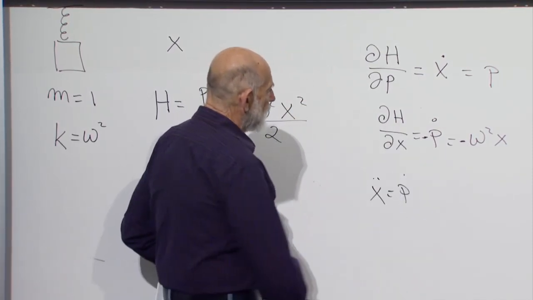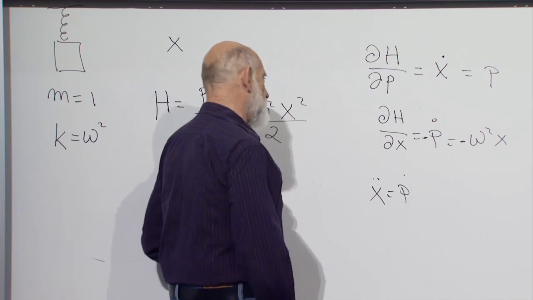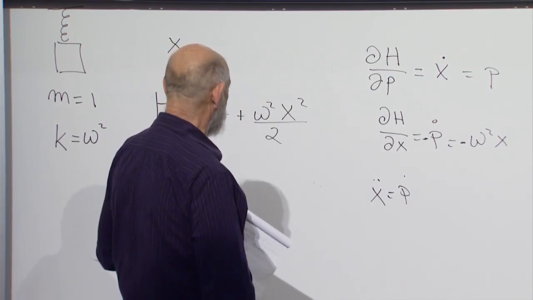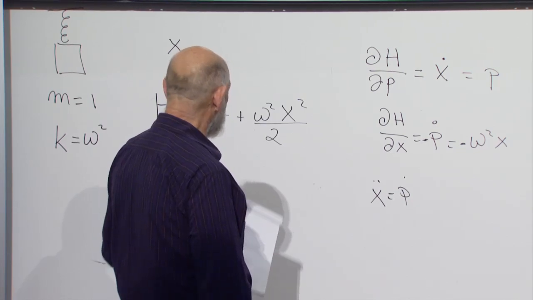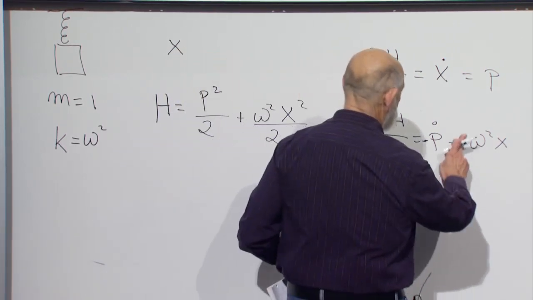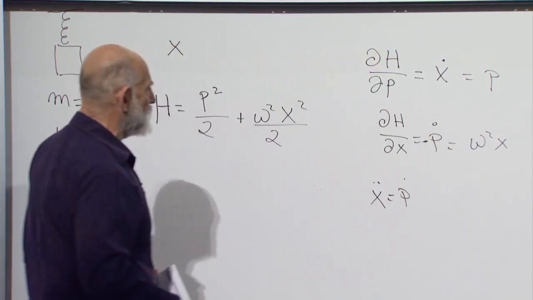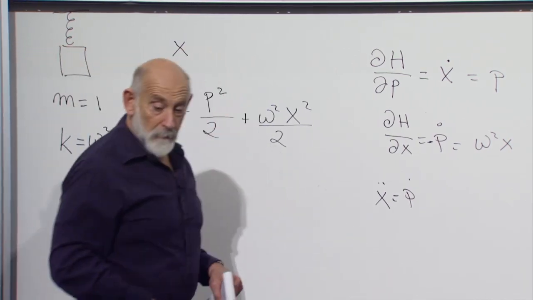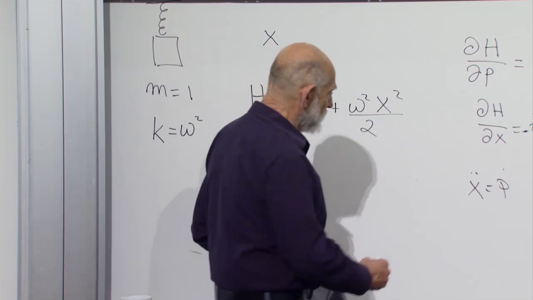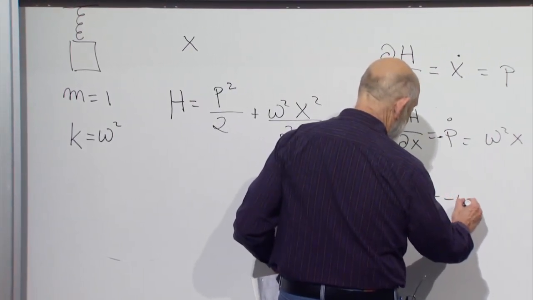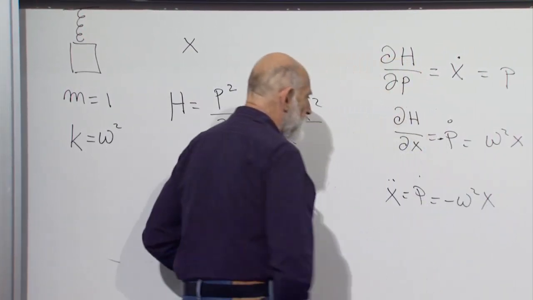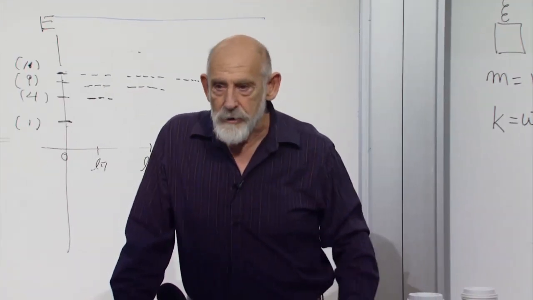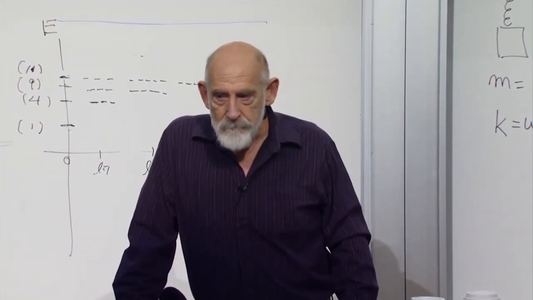Do I have the sign wrong here? dH by dx equals minus p dot equals plus omega squared x. So x double dot is equal to minus omega squared x. x double dot is minus omega squared x. That's the equation of an oscillator with frequency omega.